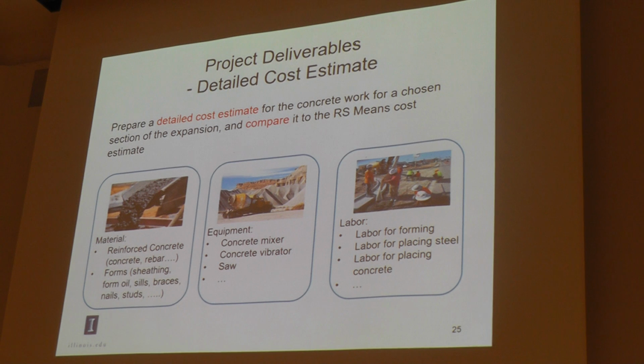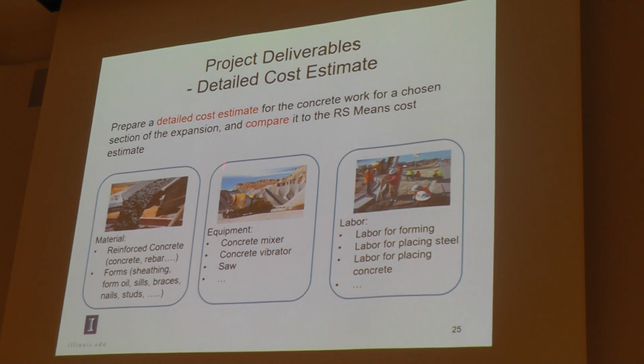Or you can just make a phone call to the local contractor or to a contractor of another state to get a rate for this reinforced concrete from the actual company or website. Similarly for the equipment, we need to consider, for example, concrete mixer, concrete vibrator, etc. Again, this price information you need to get online or from the real company. Same for the labor.